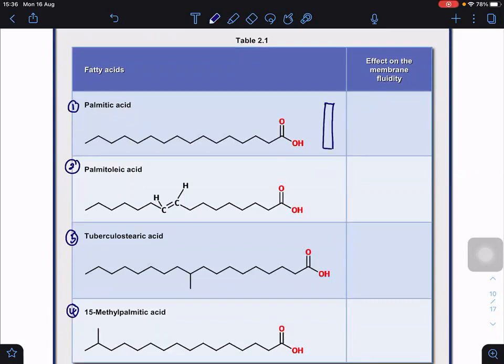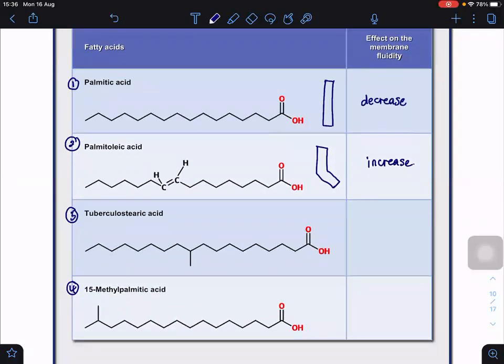But palmitoleic acid has a kink, so it will bend. It won't pack nicely, so you are going to increase the fluidity. If any organism uses palmitoleic acid more in its membranes, you are going to increase the fluidity of the membrane. On the opposite, if they use palmitic acid, you are going to decrease the membrane fluidity.